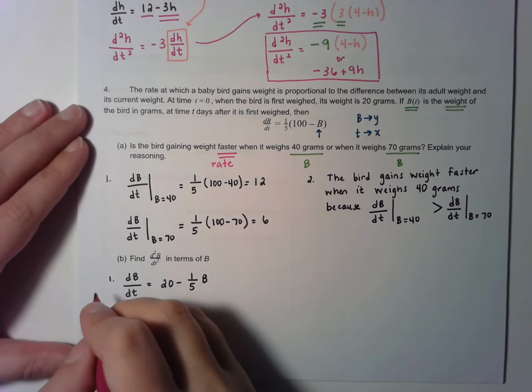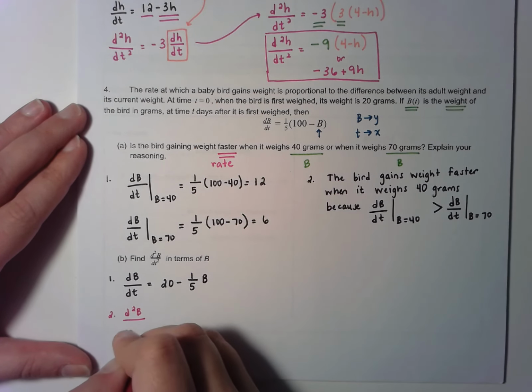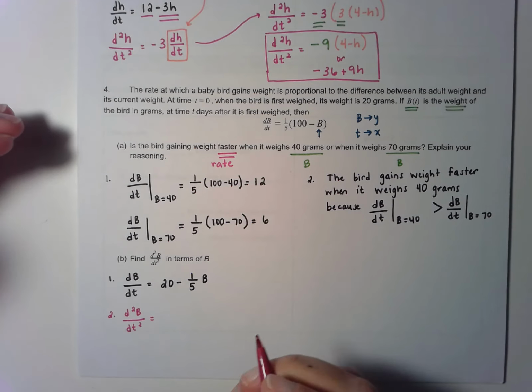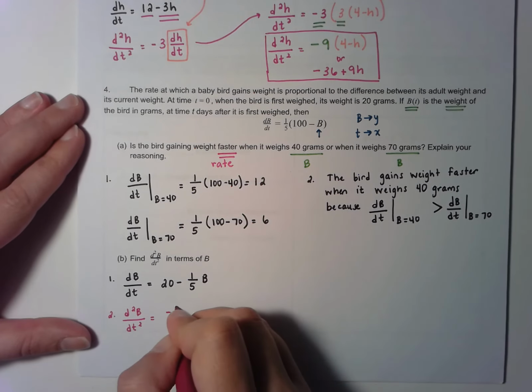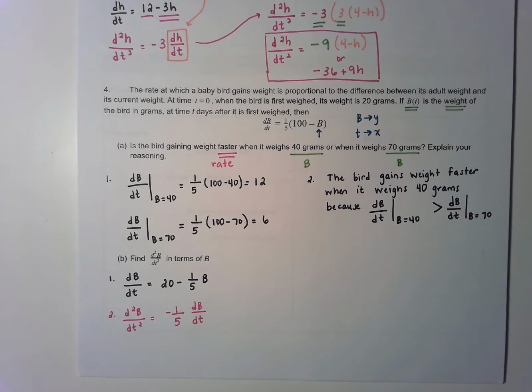Then I'm going to actually take the derivative. So d squared b over dt squared would be, the derivative of 20 is 0, so just negative 1/5 and then dB over dt, because anytime you take the derivative of a y, you need to attach that as the chain rule.